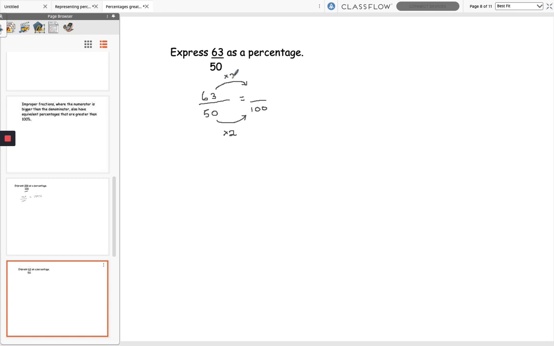So I'm also going to multiply 63 by 2, and that will give me 126. Now, as I said before, when we have a fraction with a denominator of 100, the numerator is the percentage. So 63 over 50 is equal to 126%.